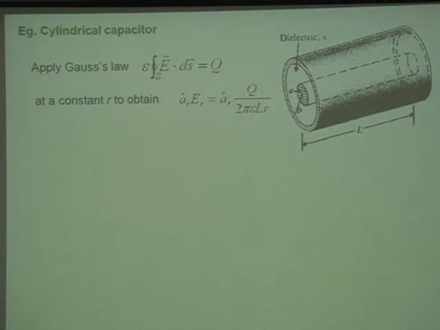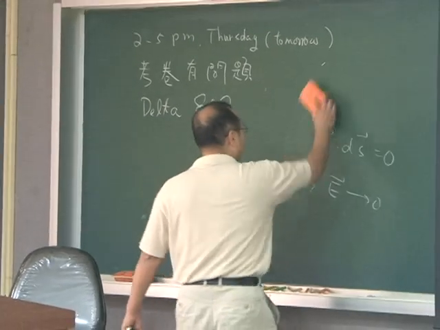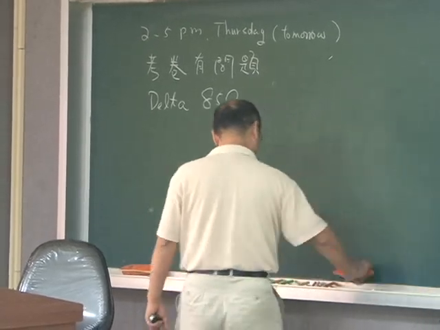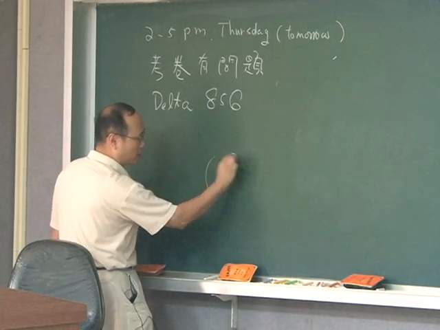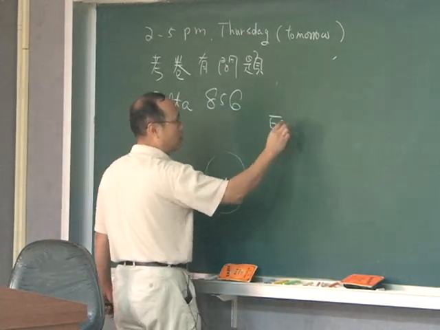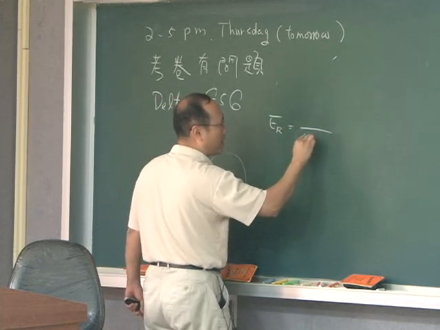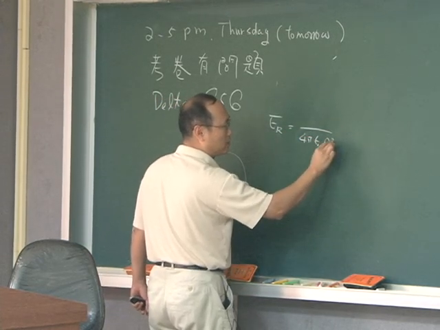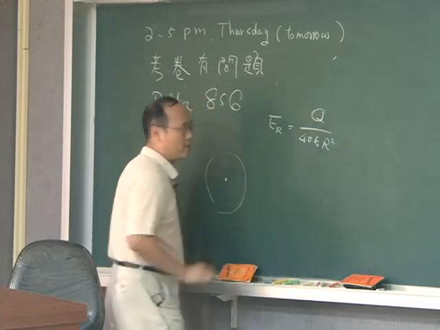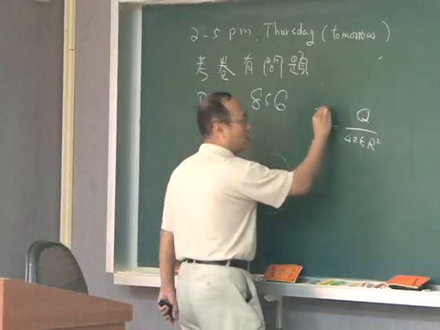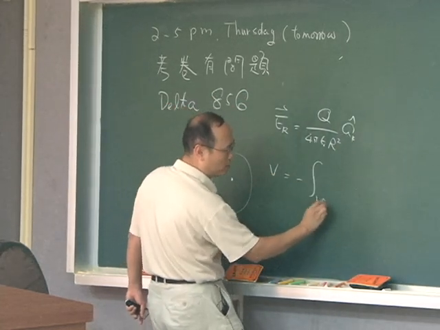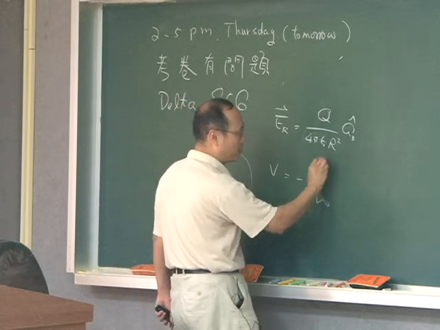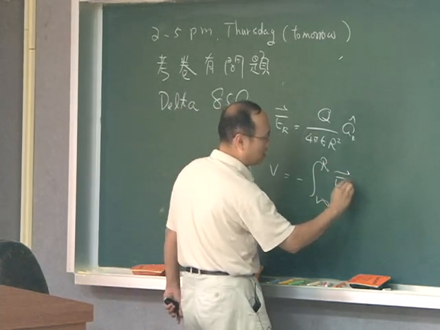Now you want to calculate the voltage. For this problem, it's a little bit different from the problem having spherical symmetry, right? For the spherical symmetry system, you have E(R) equal to Q over 4 pi epsilon naught R squared, where Q is the charge you have. So when you calculate the voltage, that is minus the integral of E dot dr, moving from infinity to a certain location R0.